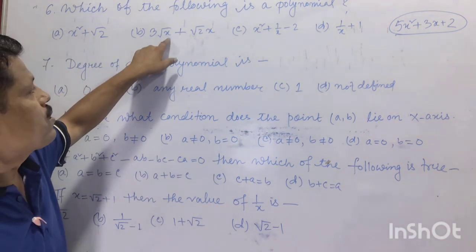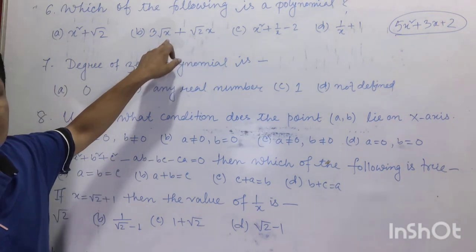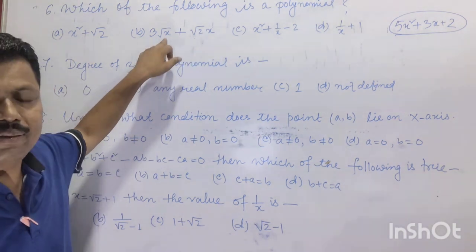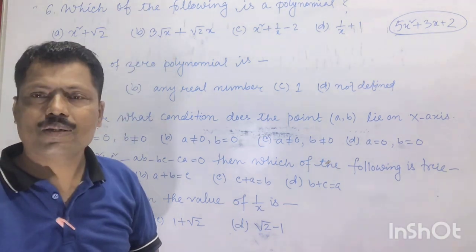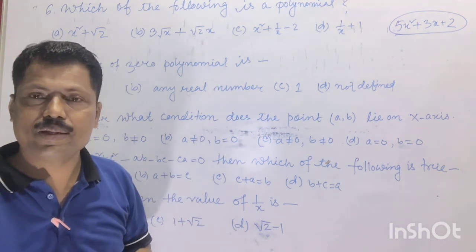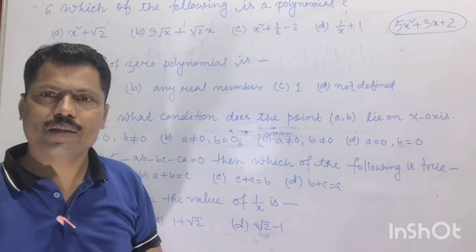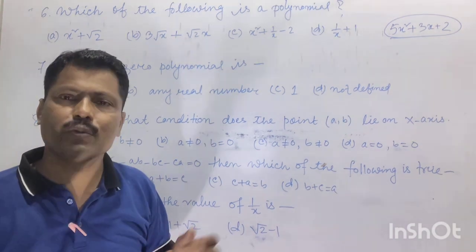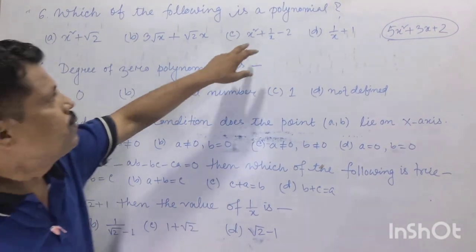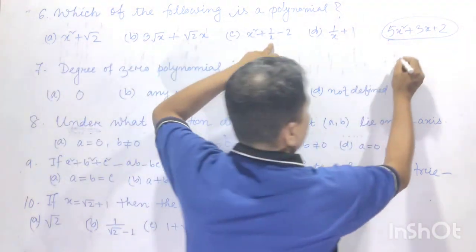3 root x plus root 2x. Here there is root over x, so the power will be half, x to the power half. A fractional power is not a polynomial. If there is a fractional power or negative integer exponent, at that time we can say the expression is not a polynomial. And here also x square plus 1 by x. 1 by x means we can write x to the power minus 1.